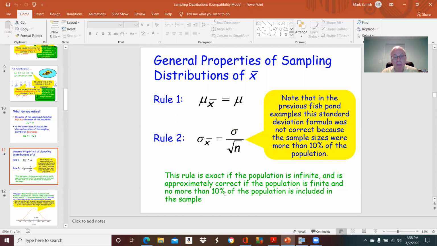Okay? And in most cases, that's true. So rule number 1 is always true, no matter what. And rule number 2 is a very good approximation for the actual sampling distribution's standard deviation.